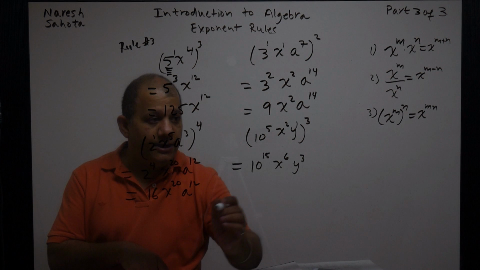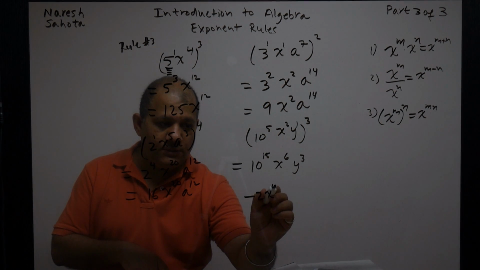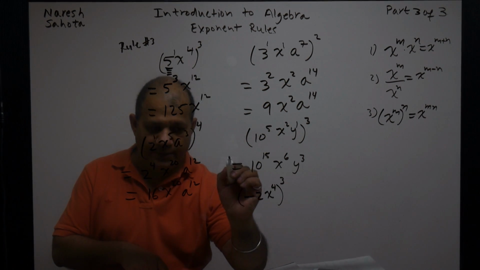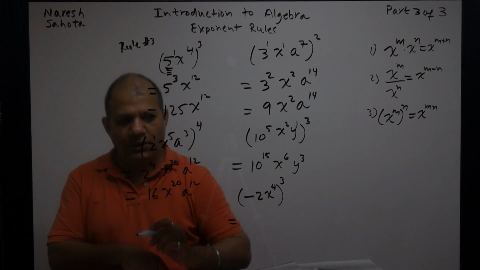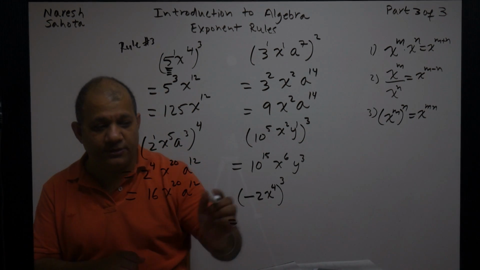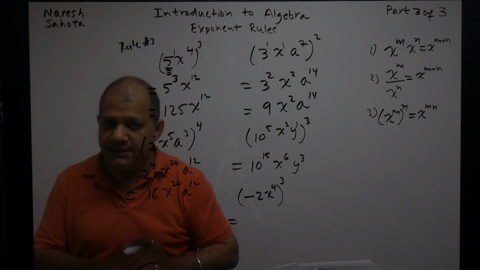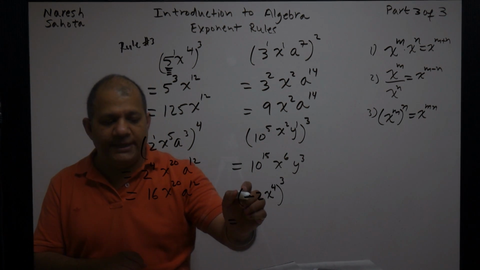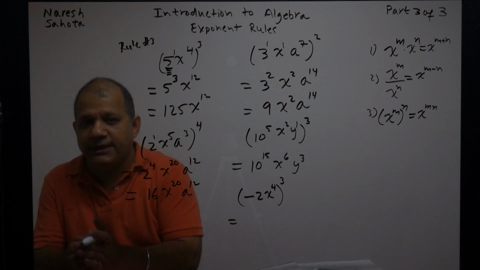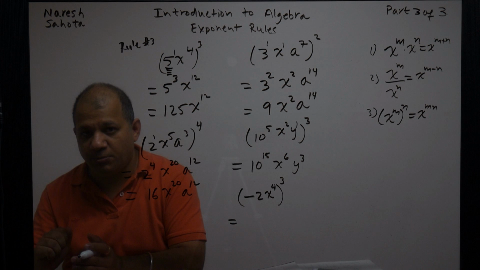Okay, so now another example, (-2x^4) raised to the exponent 3. In this case we have a negative inside the bracket. So does the exponent of 3 apply to the negative as well? Yes, it does. Remember, we had said when you have negative 1 raised to an even exponent, the answer is always positive.